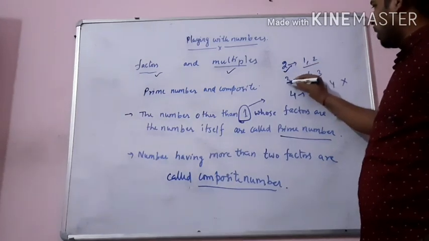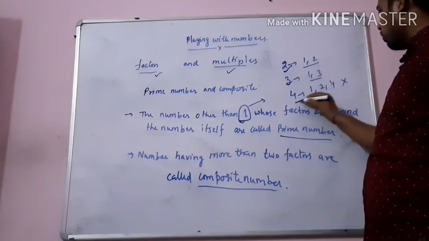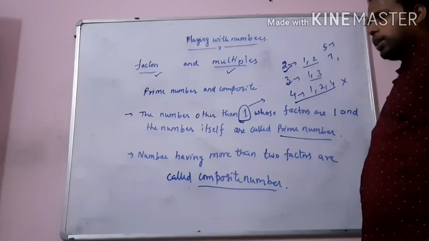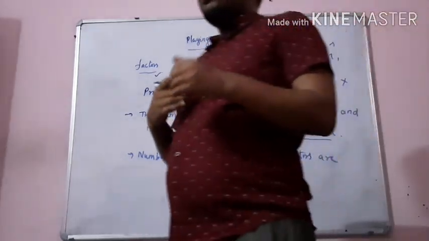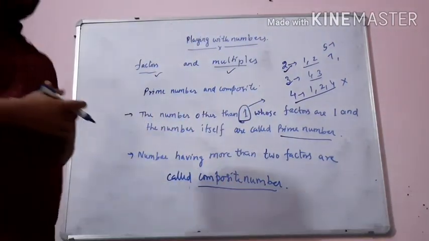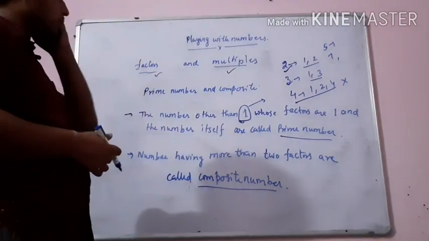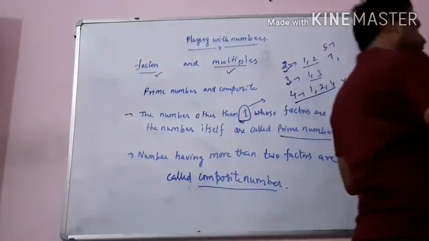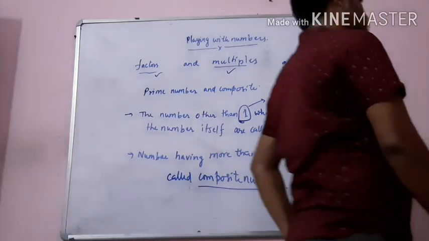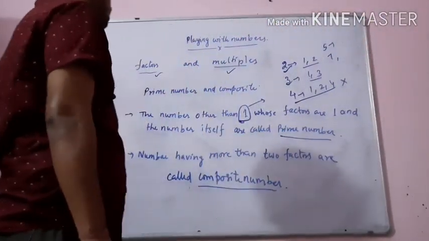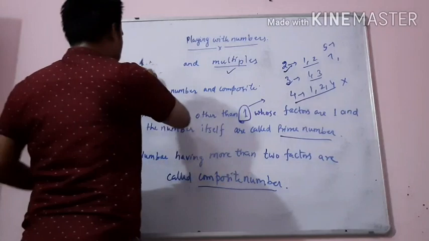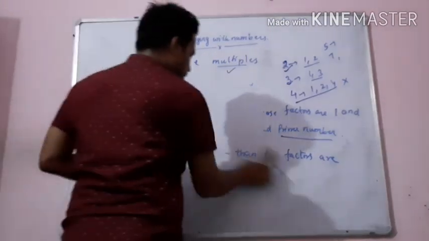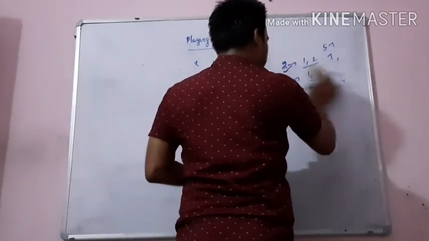So 2 will be a prime number, 3 will be a prime number, 4 is not a prime number, then again 5 is a prime number, 7. In this manner, we will see up to 100 how many prime numbers are there. So the prime numbers that come under 100, you have to also write in your notebook. See which numbers are prime.